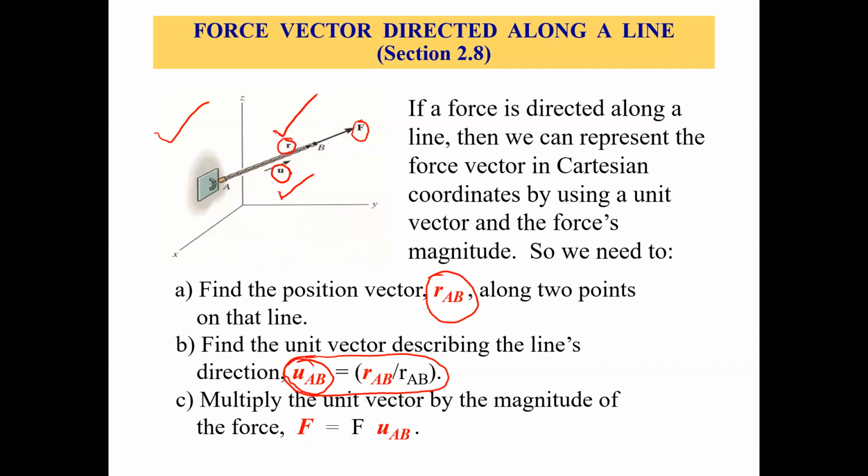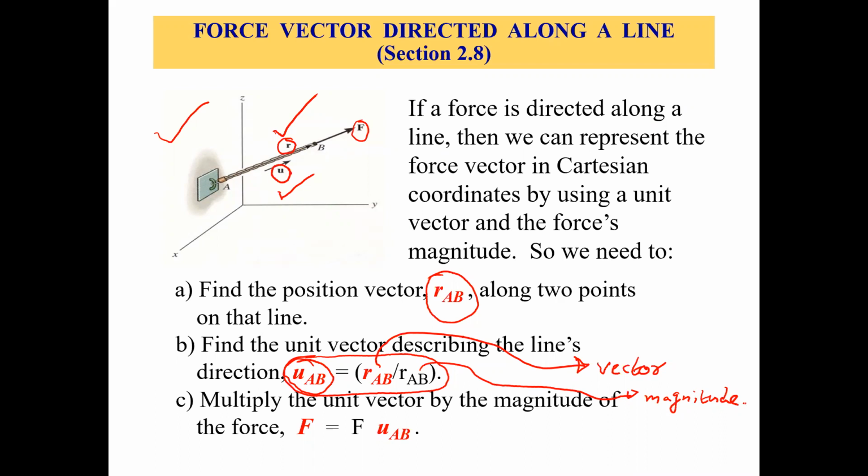We already know how to get a unit vector: the vector divided by its magnitude. The vector is RAB, the position vector, divided by the magnitude of RAB. That's how we get this unit vector U sub AB.